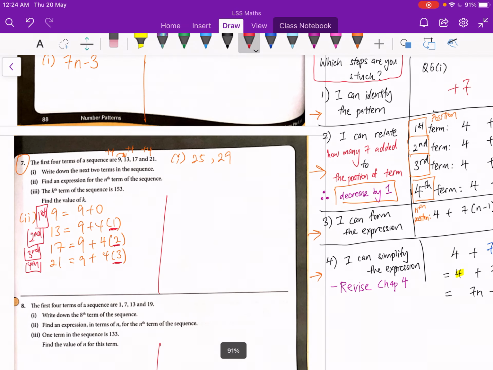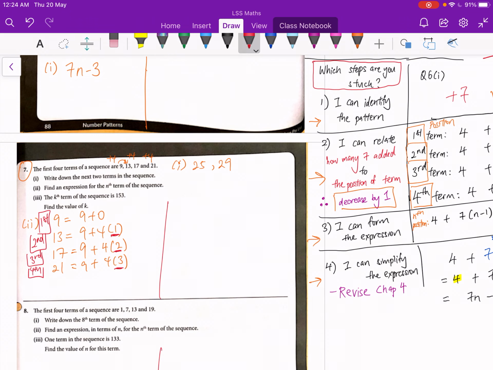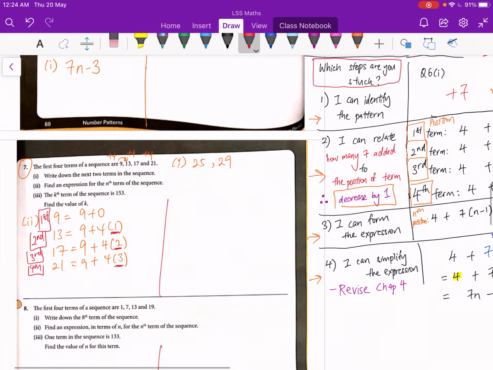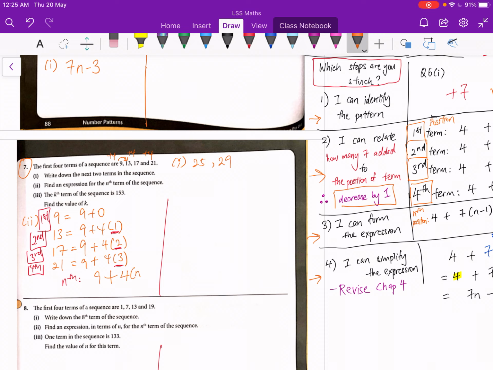So for the n position, it will be 9 plus 4 times n minus 1. When I simplify this expression, 9 plus 4n minus 4, how do I get it? I need to simplify the expression. If you are unfamiliar with this concept, go and revise chapter 4 on how to expand expressions.